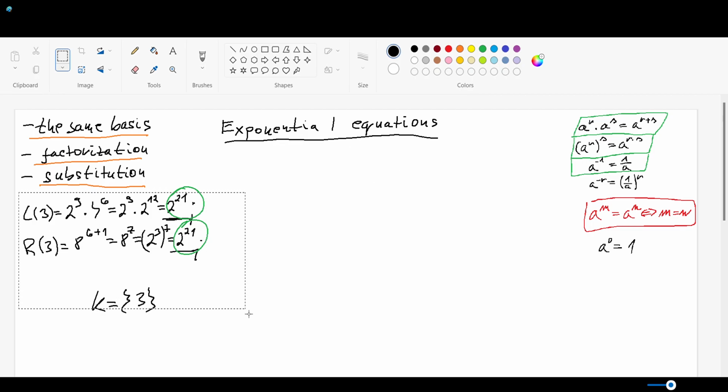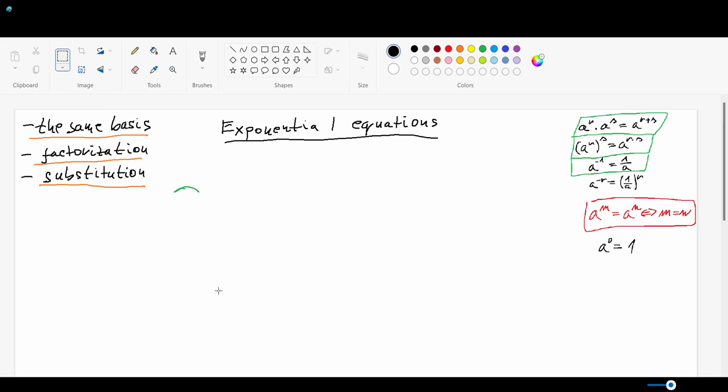So let's now have a look how to solve another kind of exponential equation by using the factorization method, and I'll explain how to identify when to use this method. The thing is easy. Let's have a look at this equation: 4 to the power of x plus 2 minus 4 to the power of x plus 1 is equal to 3.